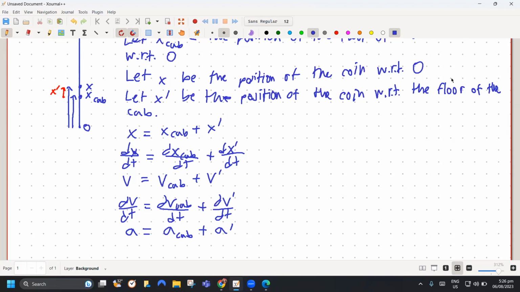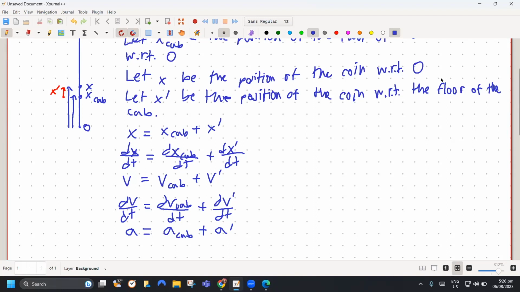So what happens is, when you're inside the elevator and you're thinking, I'm going to perform experiments, and you use the elevator as your frame of reference, you measure dx prime dt and x prime and a prime, because those are the measurements directly available to you.